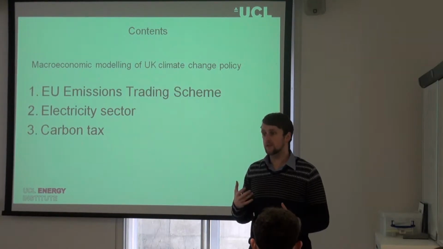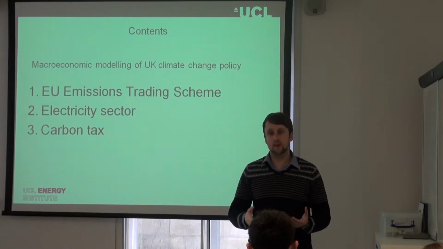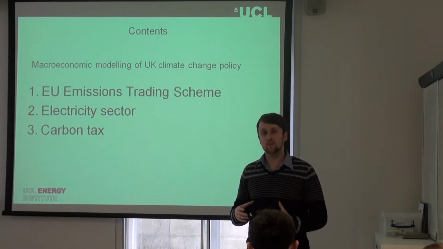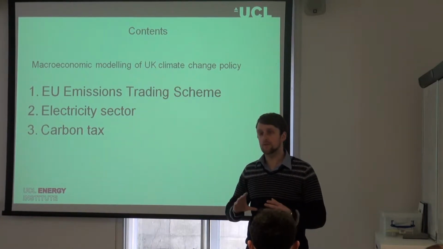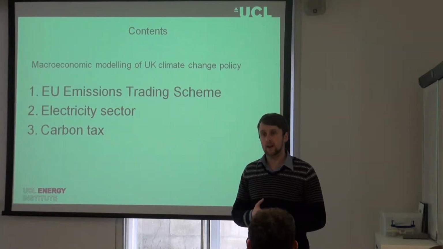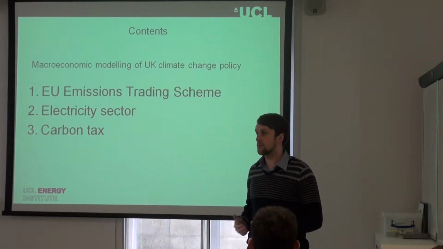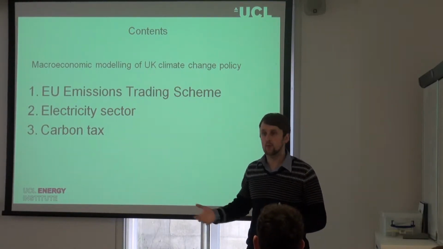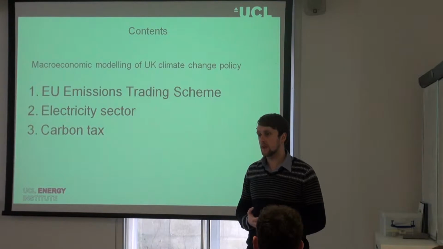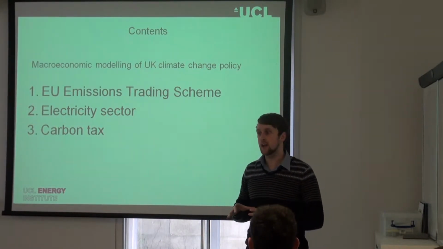At the moment they're really just a monitoring body, but the emphasis would be on the way that the Monetary Policy Committee has control of the interest rates in order to affect inflation and have some price stability in the economy. Here, if you had control of a policy instrument, the most obvious one would be something like the carbon tax.